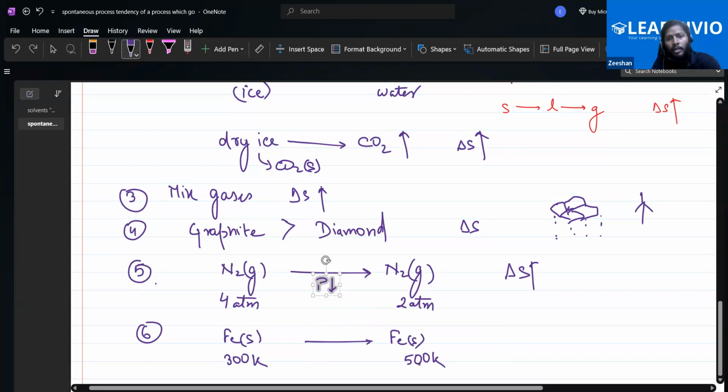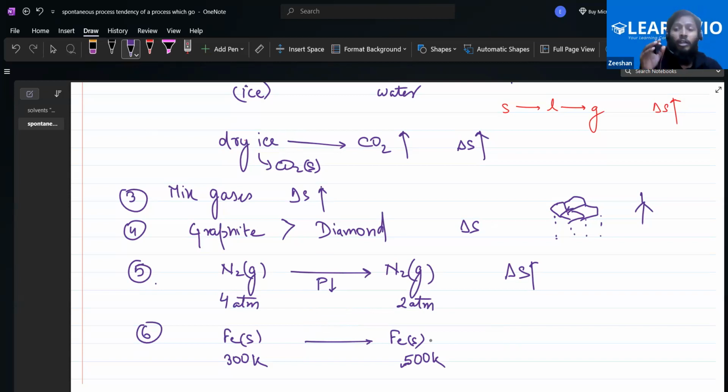Decreasing? Tell me, if we heat up any substance, solid, liquid, or gas, the molecules get more randomness, more energy, more vibration, or does it decrease? Sir, the randomness increases. So by increasing temperature, does vibration increase or decrease?